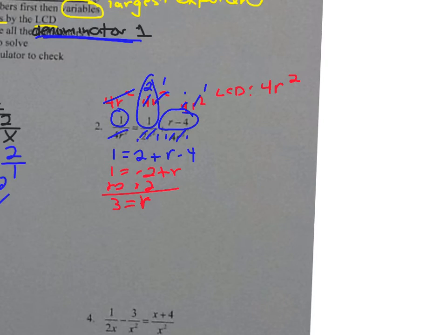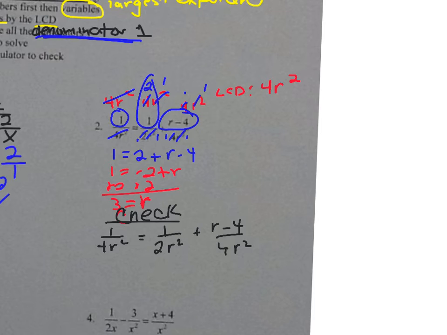Okay, so now we have to check this. So here's our check. Remember, check original. 1 over 4r squared equals 1 over 2r squared plus r minus 4 over 4r squared.